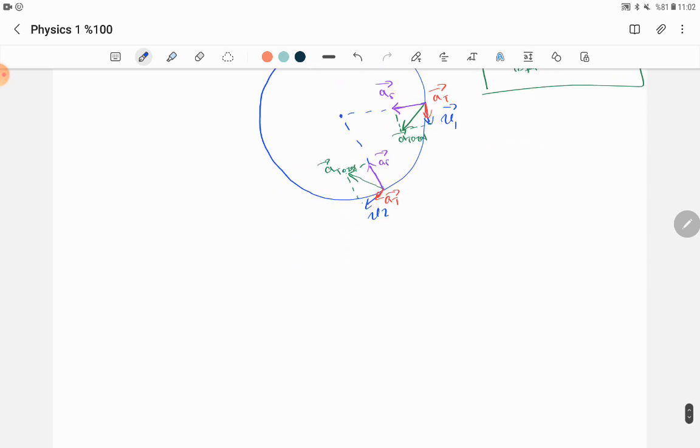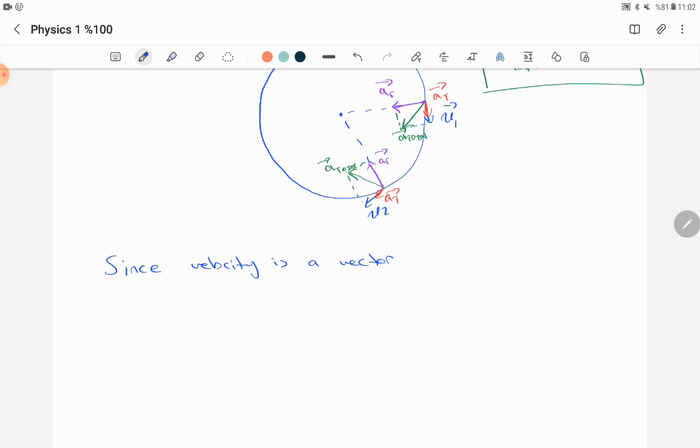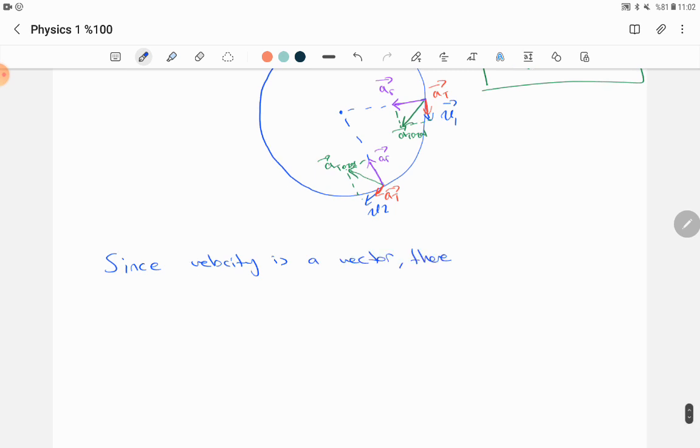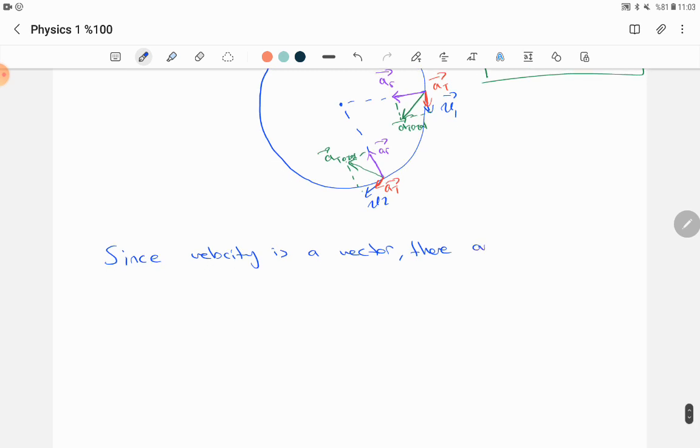Since velocity is a vector, there are two ways acceleration can be generated.